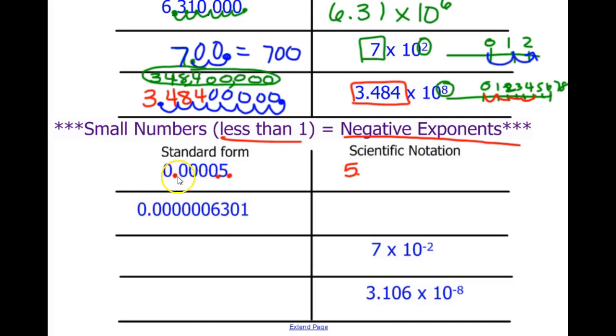So I'm going to move my decimal over 1, 2, 3, 4, 5 times. So times 10 to the power of 5. This is the number that was out front, this 5. And we moved our decimal point 5 times, but it's a small number, so it's a negative 5.